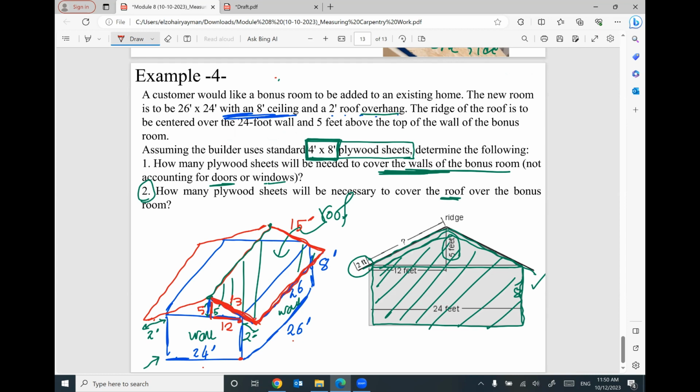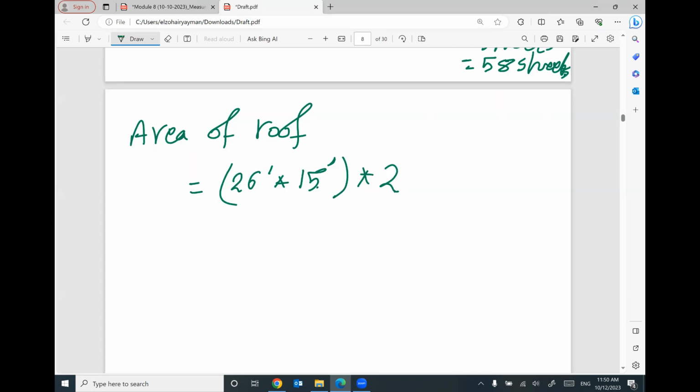So the area is 15 by 26. This is the area for one side of the roof. We have another side. This one. This is the reason why I multiplied it by 2.